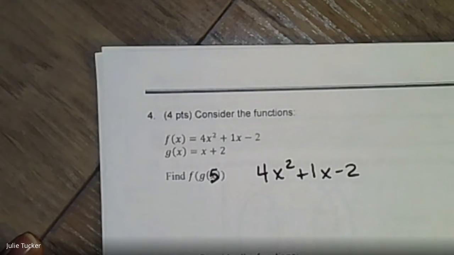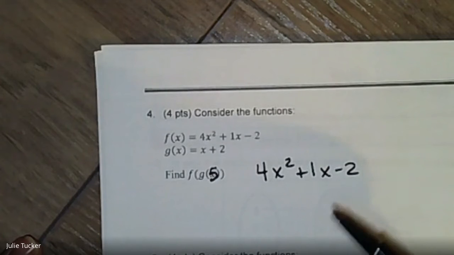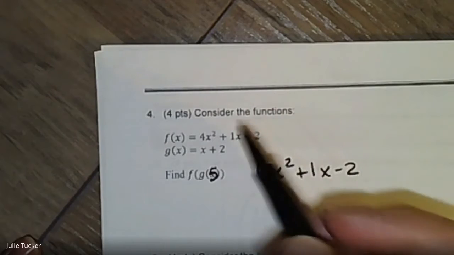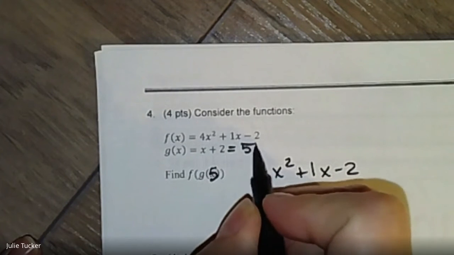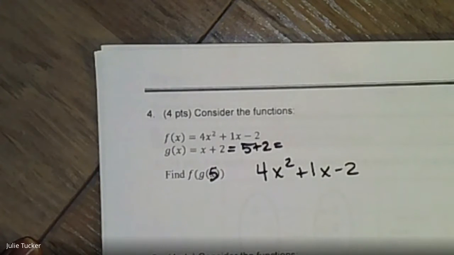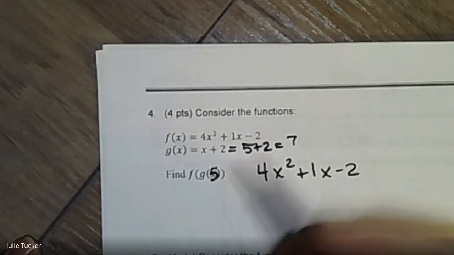Plug it in. So what do I plug the 5 into? The g. It's the x for which thing, though? The g. Right. So if I put in 5 for the x in the g, then I have 5 plus 2, and that is 7.